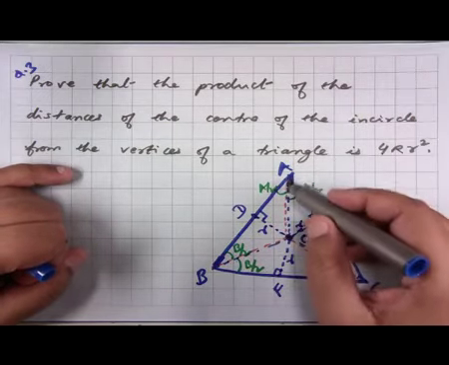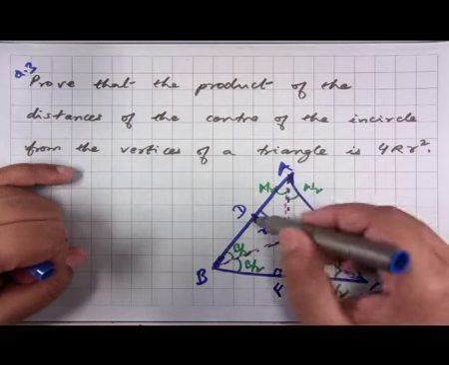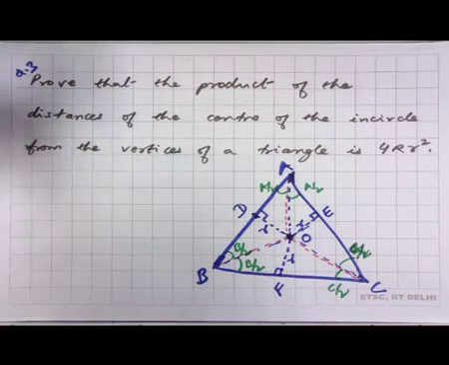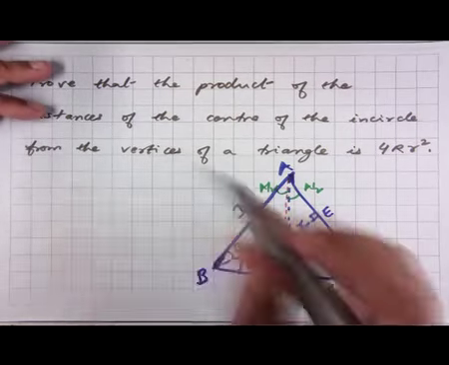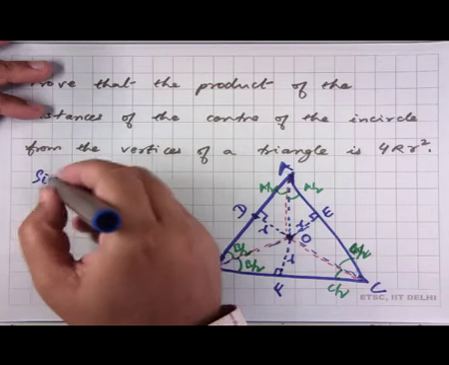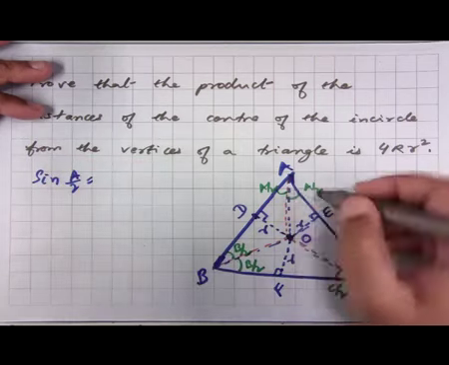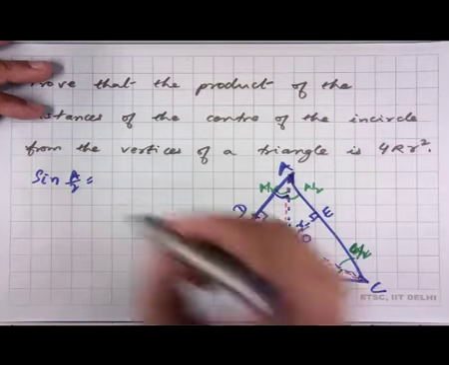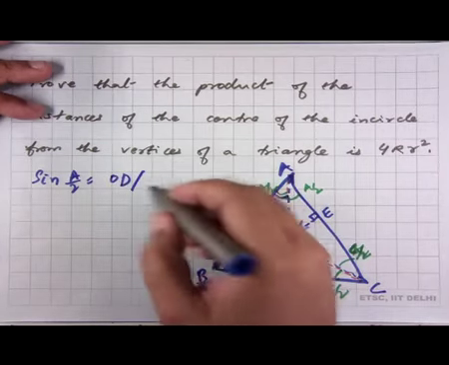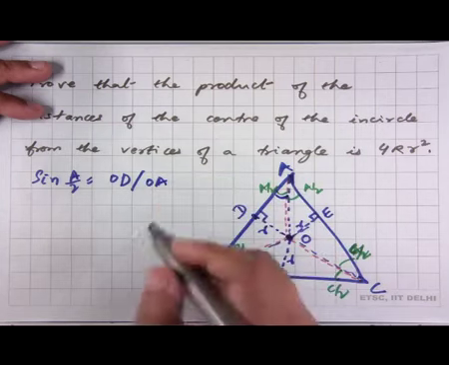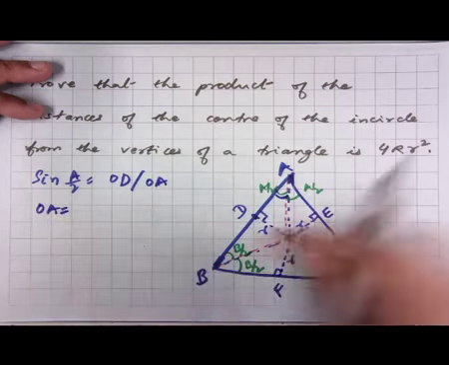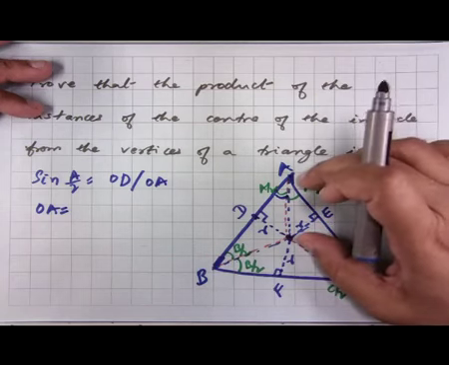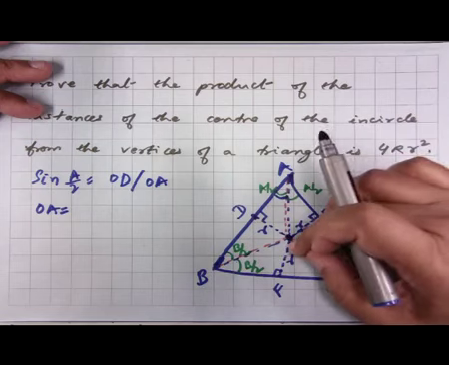Let us now consider this right angle triangle ADO. From this right angle triangle ADO, we get that sine of this angle A by 2 is equal to OD upon OA, and therefore, OA, which is the distance between the vertex A and the center of the incircle.